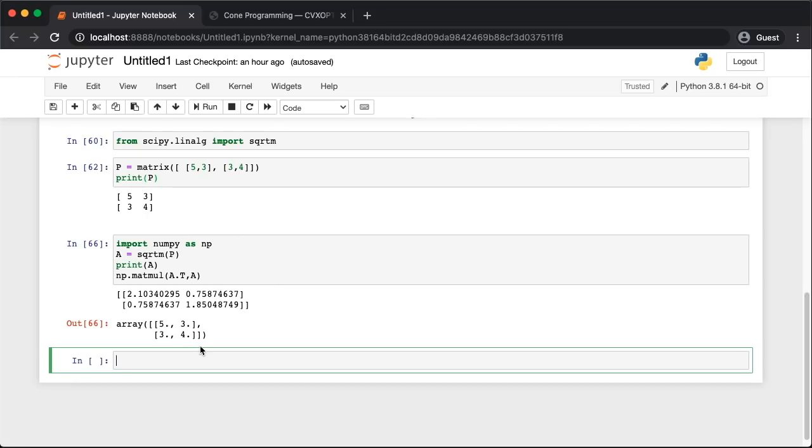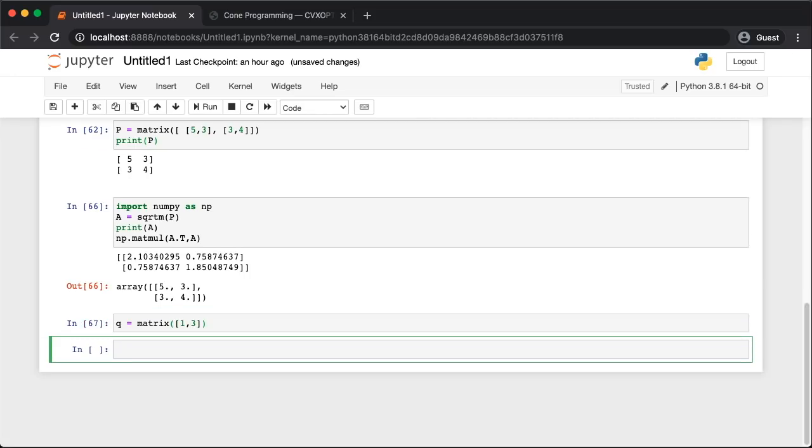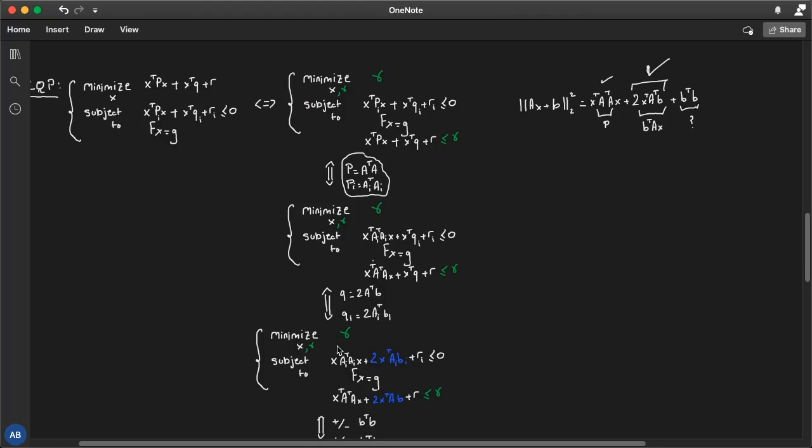So your Q, let's say your Q was given to be something like 1, 3, okay? How do you get your B? So your B is actually, using this, it is half A transpose inverse times Q, right?